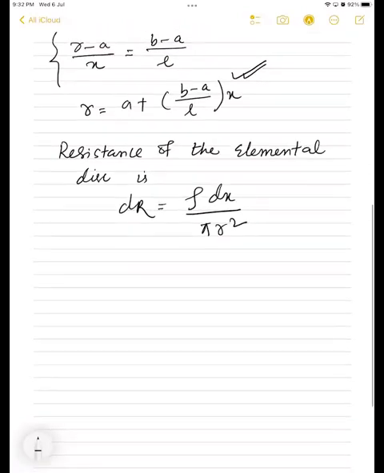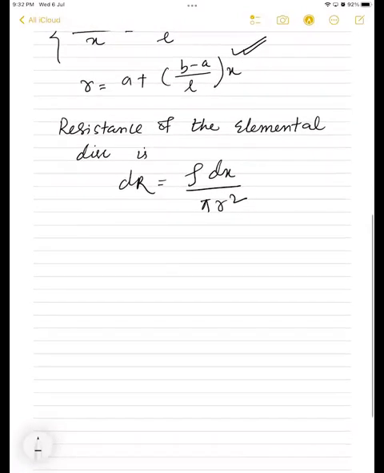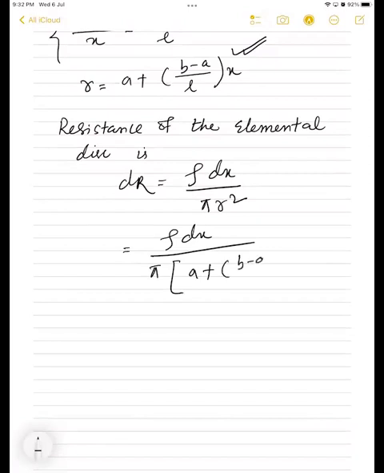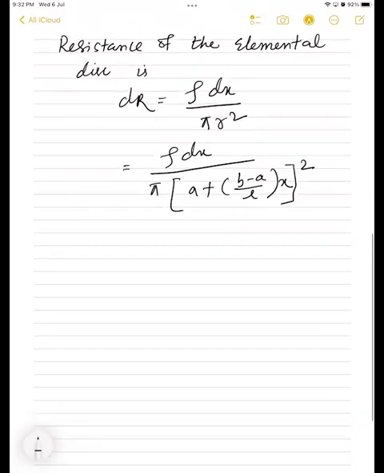You can replace the value of r here, so you can write rho dx on top divided by pi into (a plus (b minus a) by L into x) whole square. Getting or not, students?